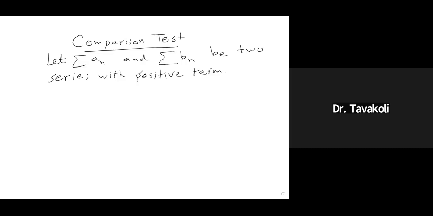And suppose term by term, an is smaller than bn. Suppose for every n, an is less than or equal to bn.